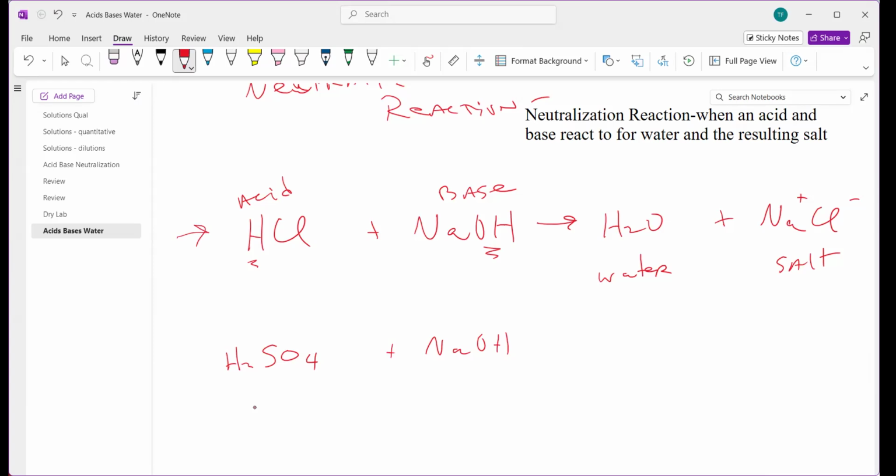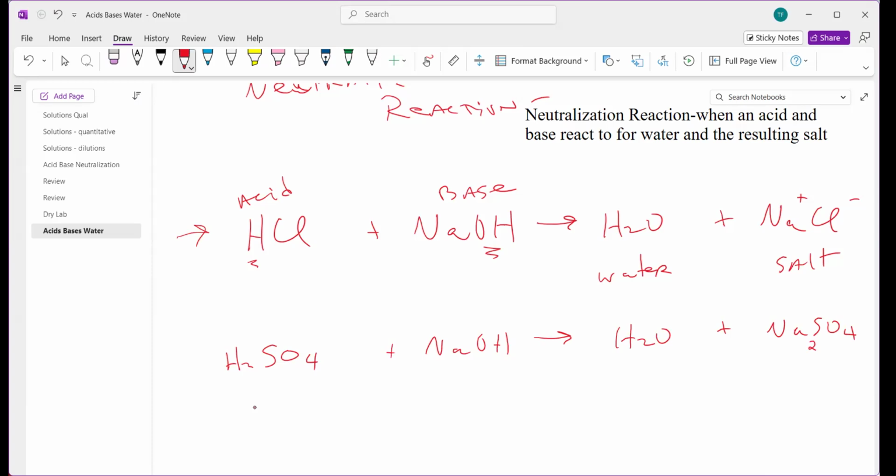Okay. So we're going to have water plus sodium sulfate in this case. So sulfate is -2. So that means we need 2 sodiums to balance that -2 sulfate. Sodiums are +1 apiece.